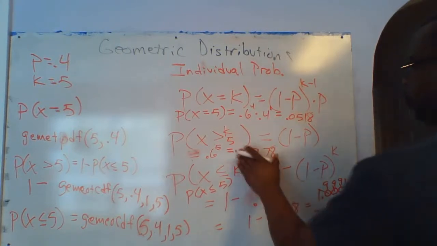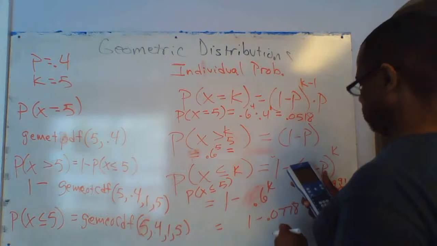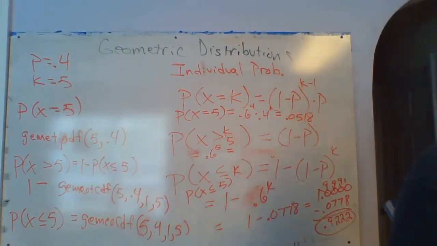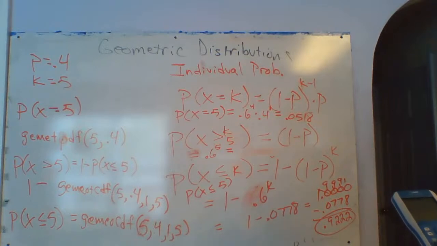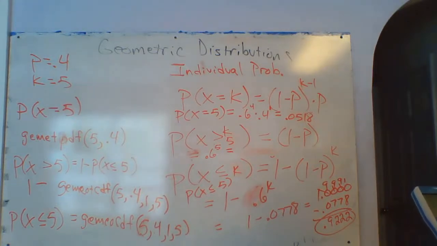So greater than 5, so that's 1 minus geometric CDF. So we have 5 trials, 0.4.